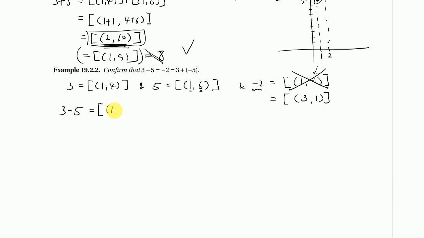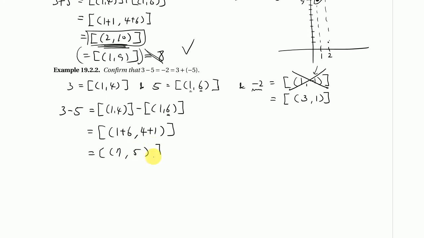So 1 comma 4 minus 1 comma 6 is 1 plus 6 and 4 plus 1, everything is plus, but not by the coordinates, right? Then it becomes 7 comma 5. And we know the difference is negative 2 in that direction, so it should be negative 2.